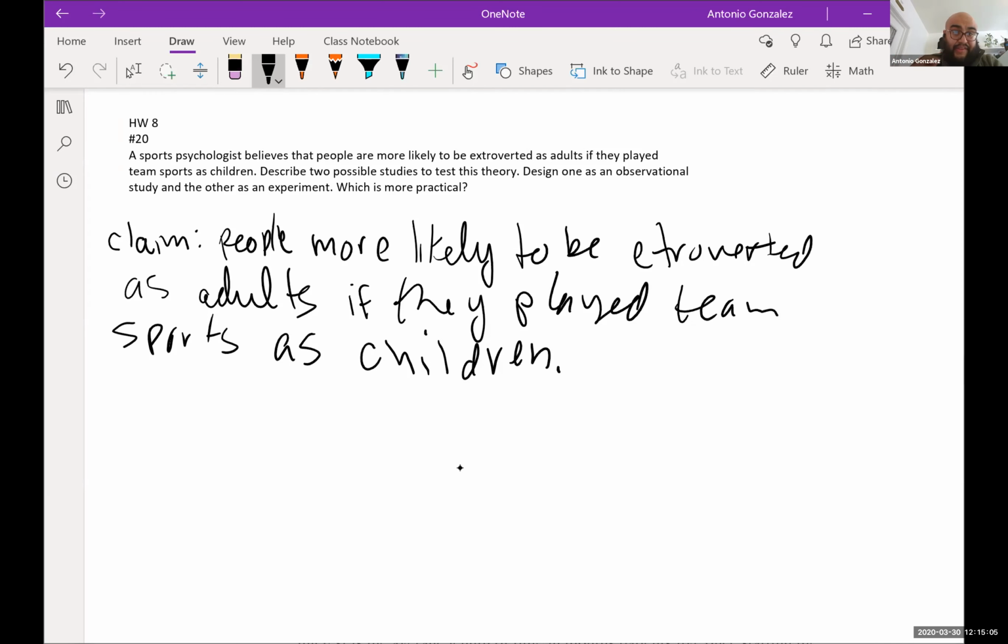Okay, so we go out, we have some kind of random sample of adults, right? We can survey them online, or some way to just collect data, all right? And then we would ask if they consider themselves extroverted.